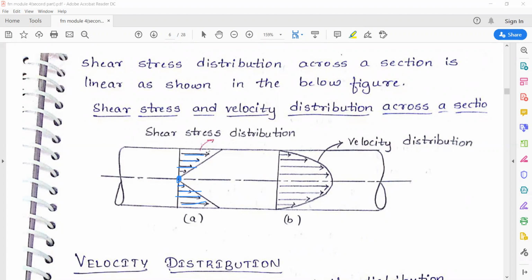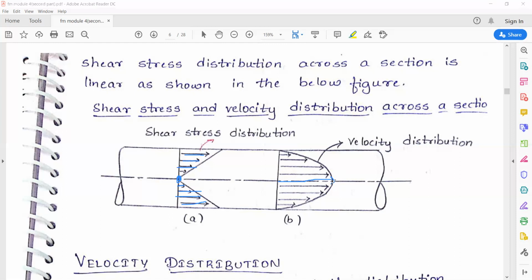That's why the shear stress is maximum near the surface and 0 at the center. But velocity is opposite to that. Since resistance to the flow of fluid is very, very less near the center, the fluid flows with maximum velocity.